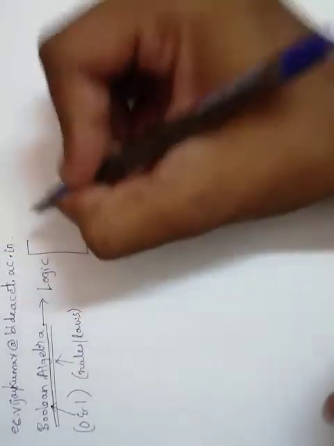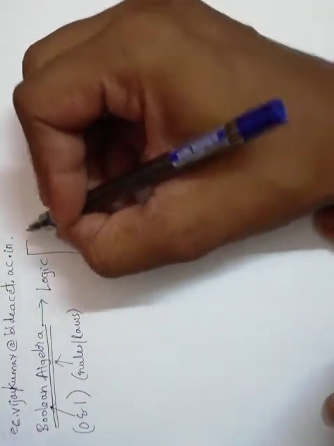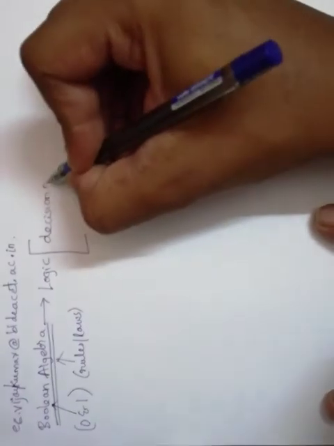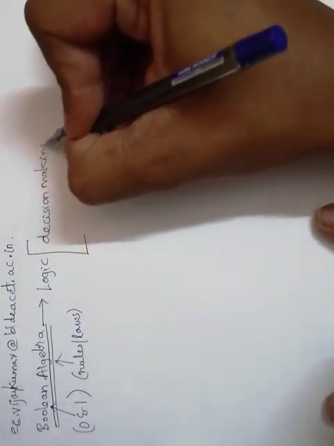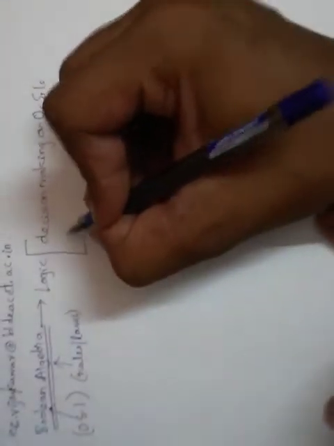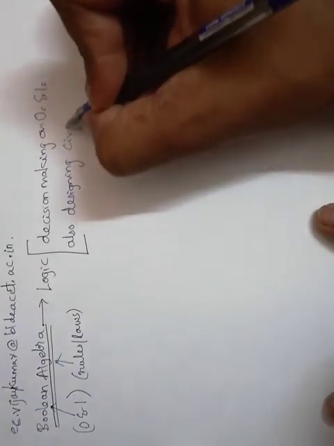So we'll have a good definition on this. Boolean algebra or Boolean logic is decision making on zeros and ones, also designing circuits.